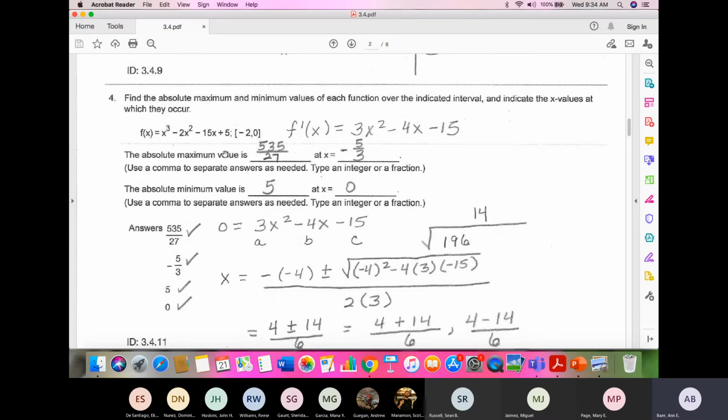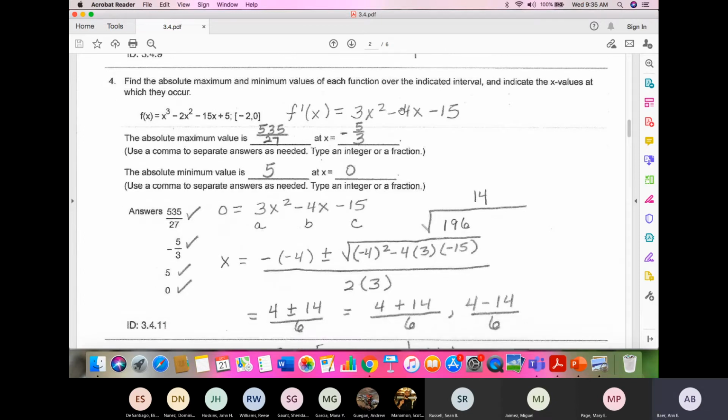So let's do this problem according to the process that I presented on the slide. The first thing we need to do is take the first derivative. 3x squared minus 4x minus 15 plus the derivative of 5, which is 0.